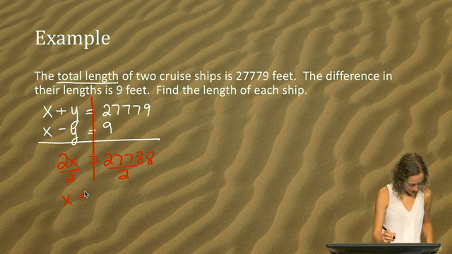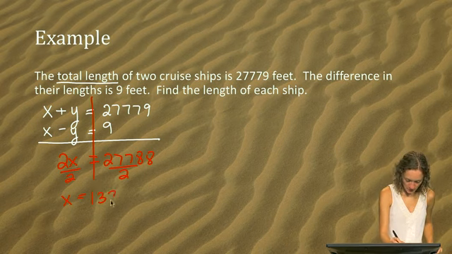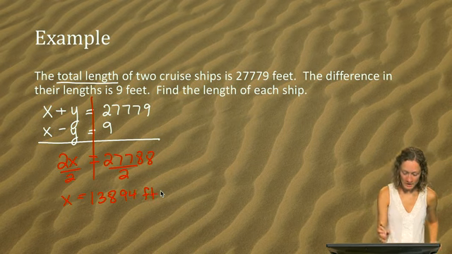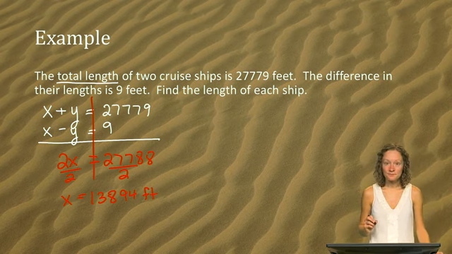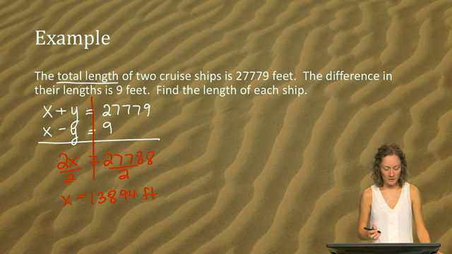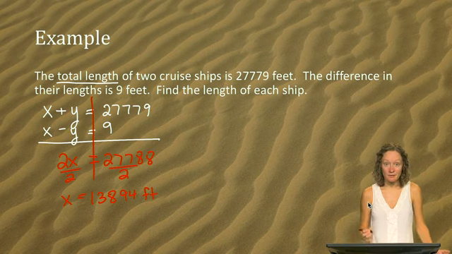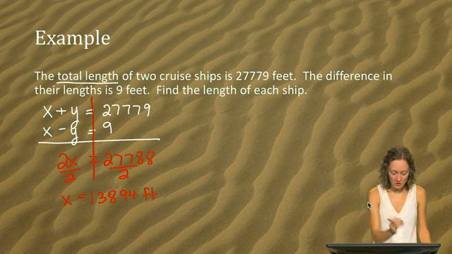We get x equals 13,894, and we're talking about a length of feet. So we can list that here. Then we need the other ship. We have one. So pick either of the two equations. It doesn't make a difference. Just pick one to solve for the other.